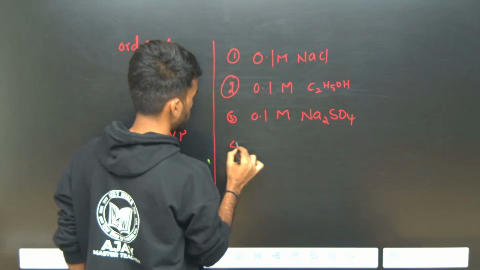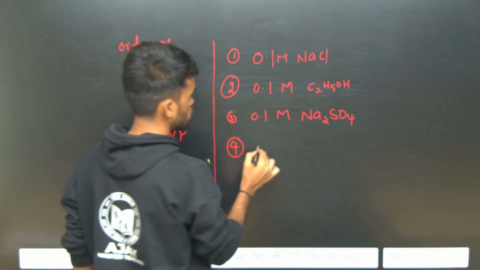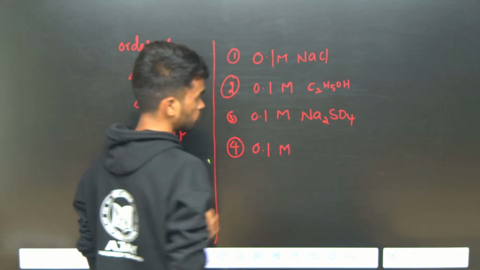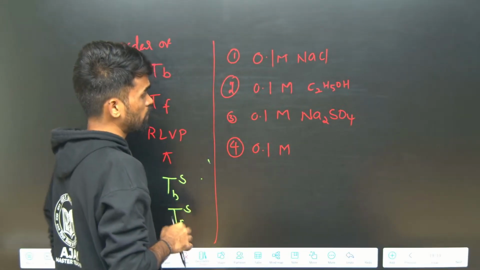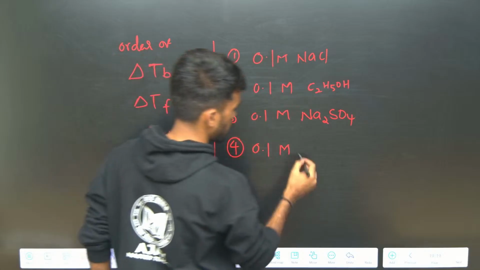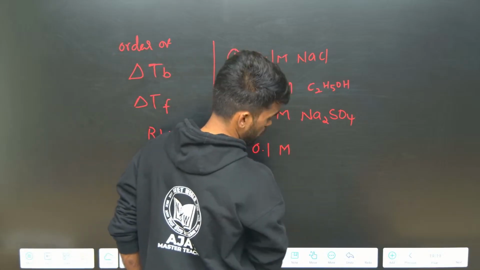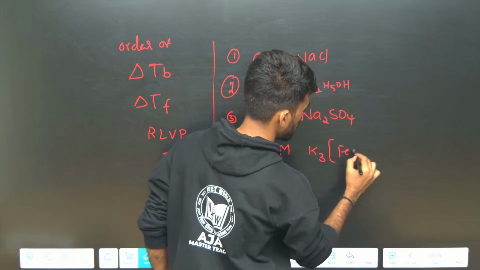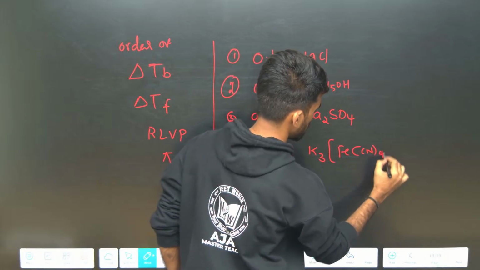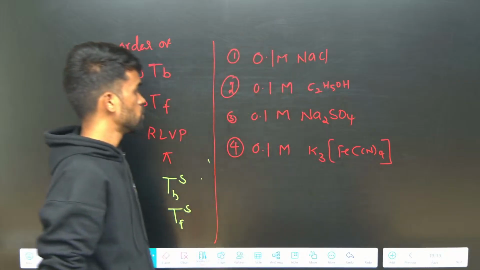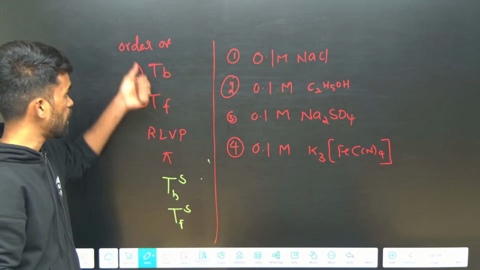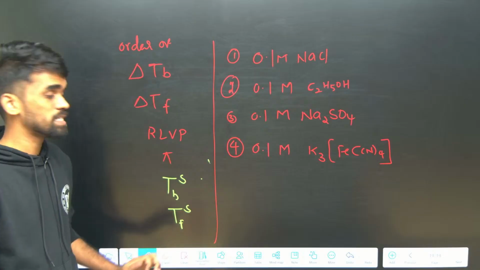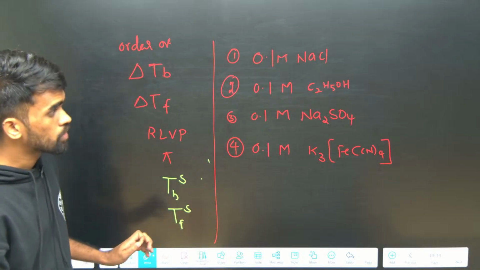Okay, and the fourth option is 0.1 molar K3Fe(CN)6. So how do we do this? I want the orders of this, which is more, which is less. You should arrange them. So how do we arrange?